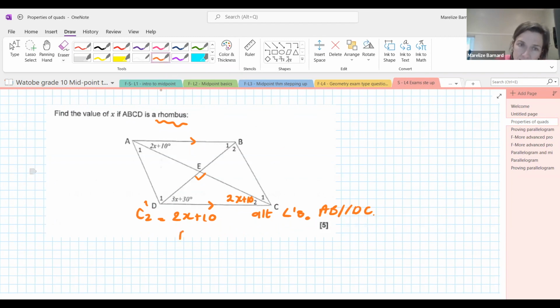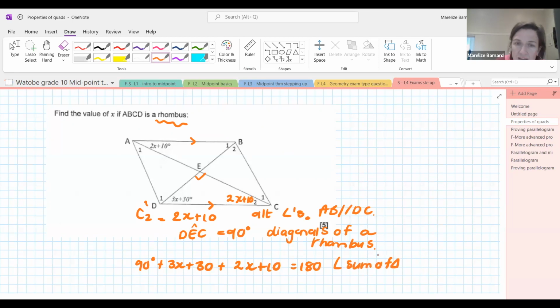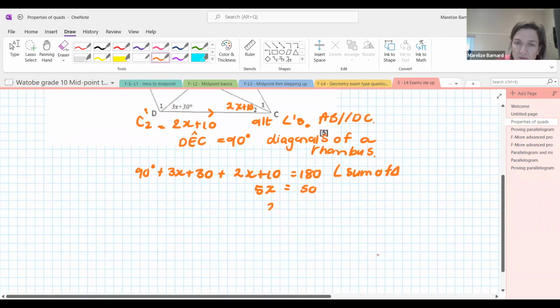So then we can say angle DEC is 90 degrees because the diagonals of a rhombus, you can just write it like that, and then you can make your equation with the 90 degrees and the 3x plus 30 and the 2x plus 10 is equal to 180, angle sum of triangle, and you're going to solve your equation. You're going to get 5x is equal to 50. That's just taking the numbers over to the other side and then dividing by 5, x is 10.